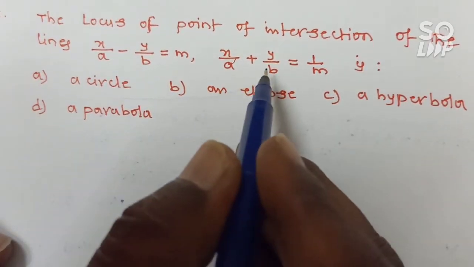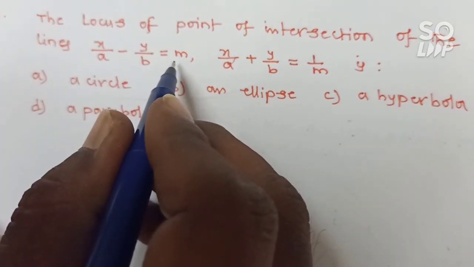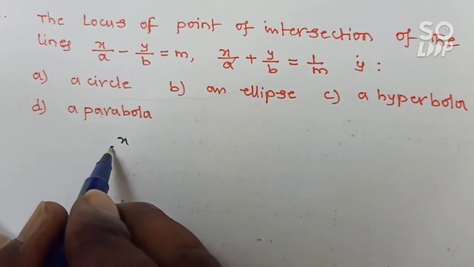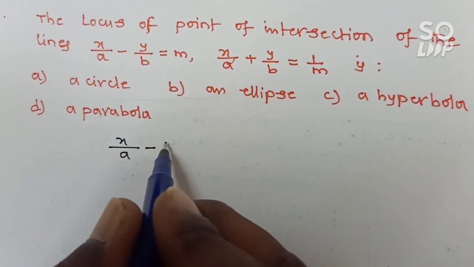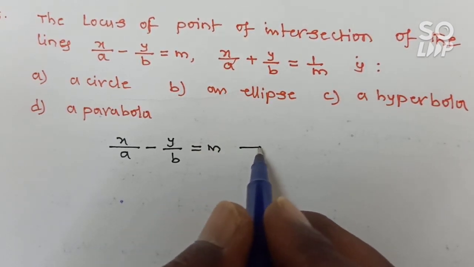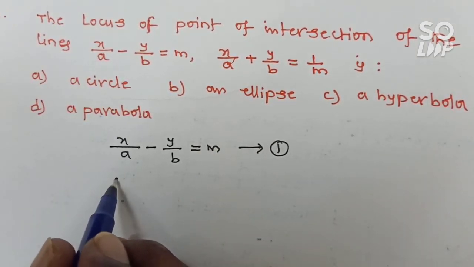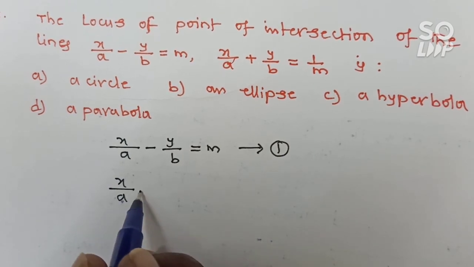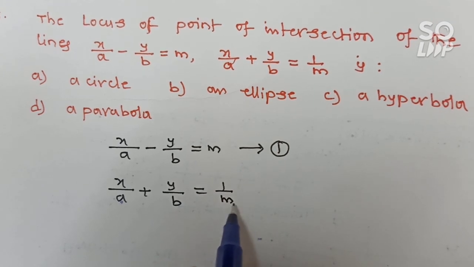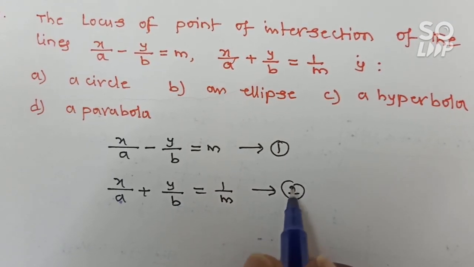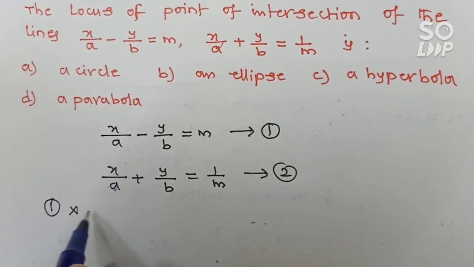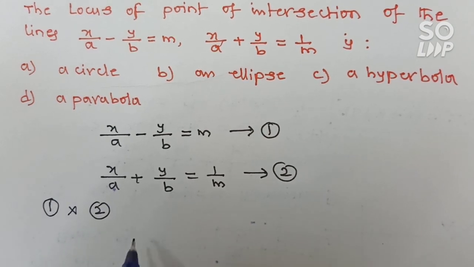So by eliminating m from both equations: the first equation is x by a minus y by b is equal to m, let this be equation 1. And the second equation is x by a plus y by b is equal to 1 by m, this is equation 2. So now you multiply these two equations, 1 into 2.